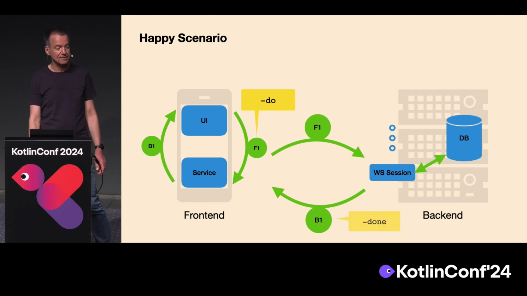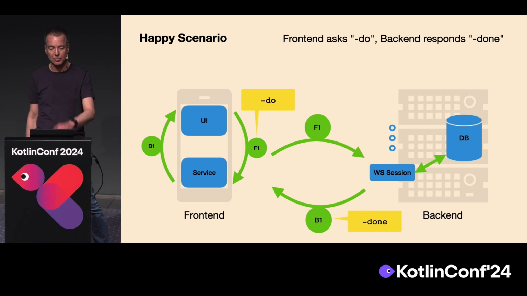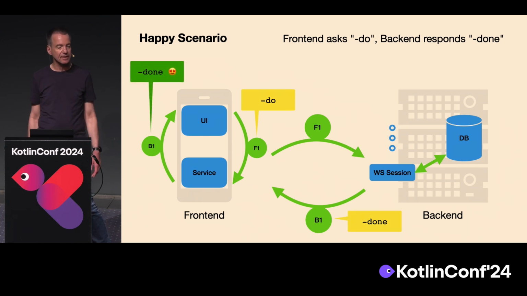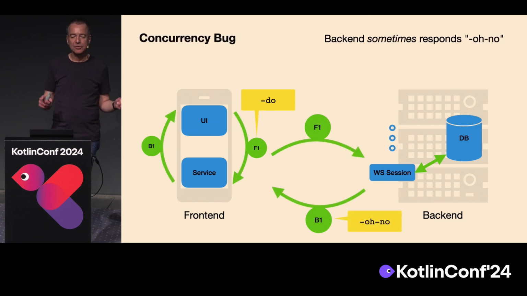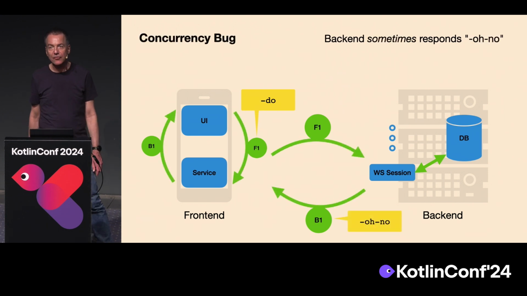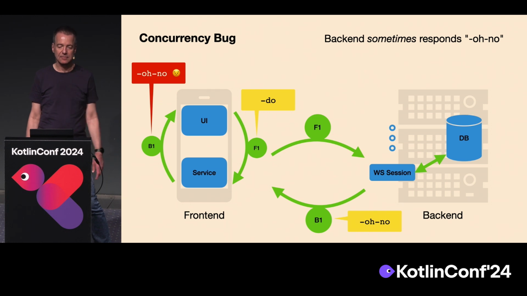Yeah, that's what we would expect. The backend should respond with done, and then the frontend would detect done, and it's happy. And now our presumed concurrency bug could be that the backend sometimes responds with, oh no. The frontend would detect that and, yeah, be unhappy.